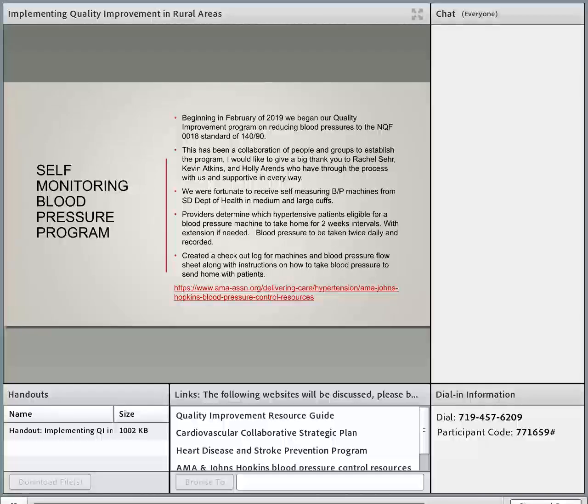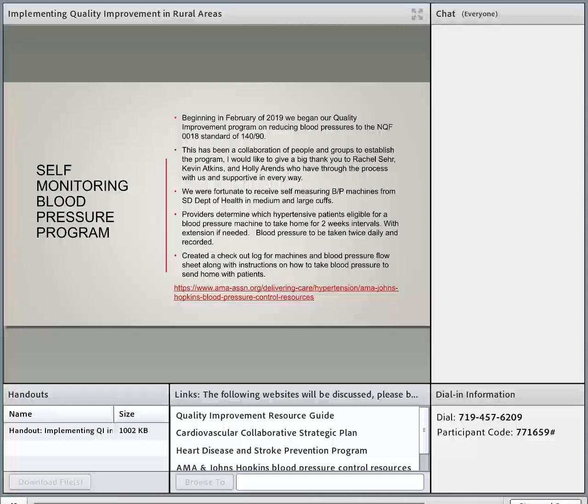So beginning in February of 19, we started this quality improvement program to reduce the blood pressures to the NQF 0018 standard of 140/90. And like I had said, it's been a collaboration of the people and groups to establish this program.